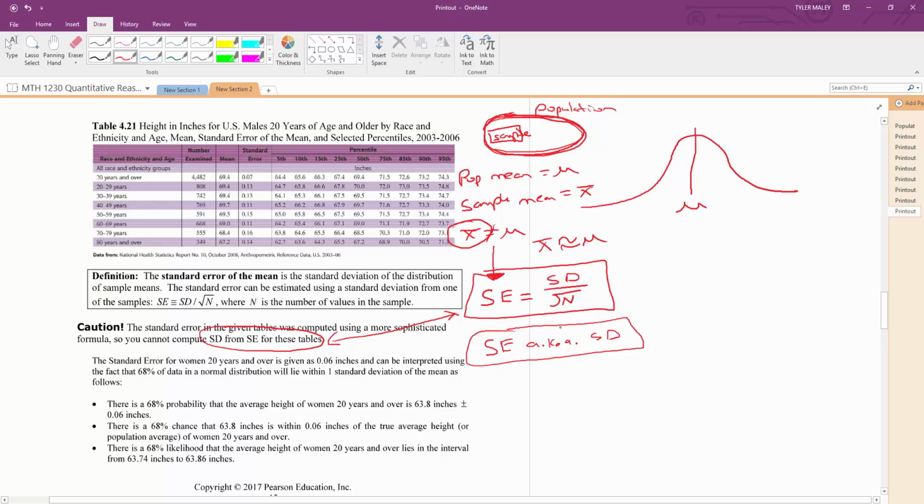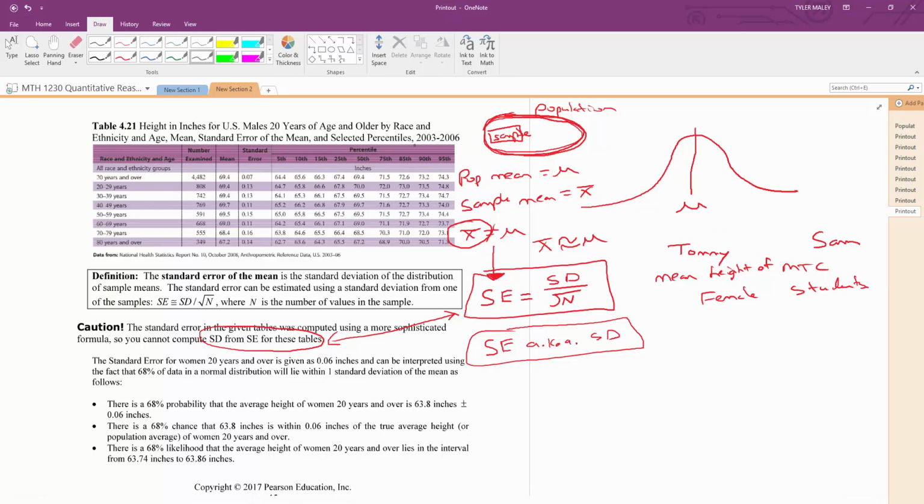But something else that's true is, let's say Tommy and Sam are two students in our class. If they're trying to find the mean height of MTC female students, then maybe Tommy gets a mean of, I don't know, 50.